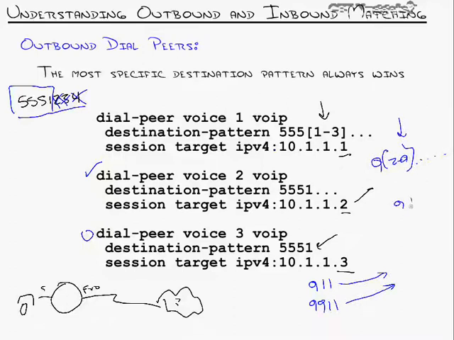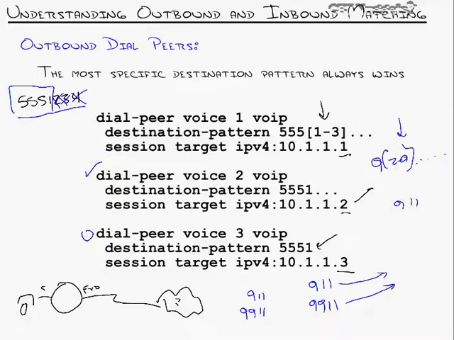Somebody dials 911, does it match this? Yes, it does. 9. Oh, wait. No, it doesn't. Never mind. Sorry, bad example. But it's good. It's good when we create a dial peer where we say the destination pattern is 911 or 9911.